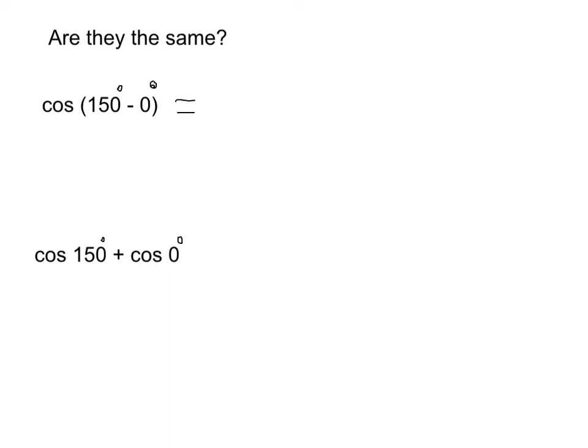So here, remember, cosine is cosine of the first, cosine of the second, and then the cosine has the opposite sign, so since that's minus, this will be plus, and then I will have the sine of 150 and the sine of 0.